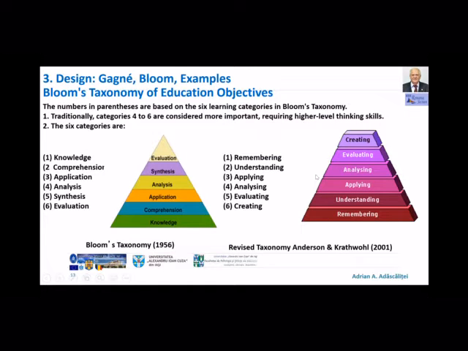It's very important to understand that the Bloom taxonomy of educational objectives, and the revised taxonomy by Anderson and Krathwohl, is very important in order to increase the level of understanding and use of knowledge.